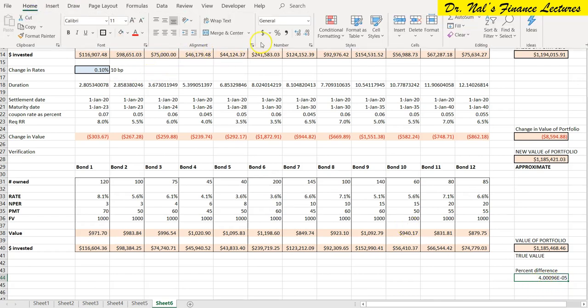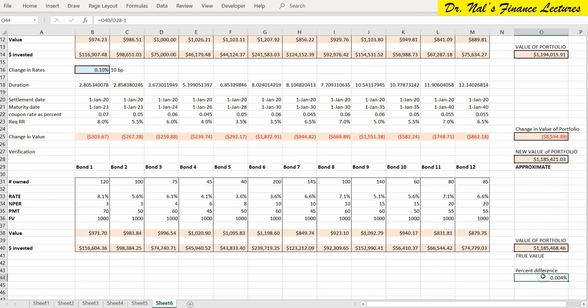Actually, even as a percent, it's difficult to judge what it is. It's very close to 0%. So the error margin that we made is 4 in 1,000 of a single percent. It's tiny. So $40 in a $1 million portfolio is negligible. So the error term is so tiny, we are justified to use duration.